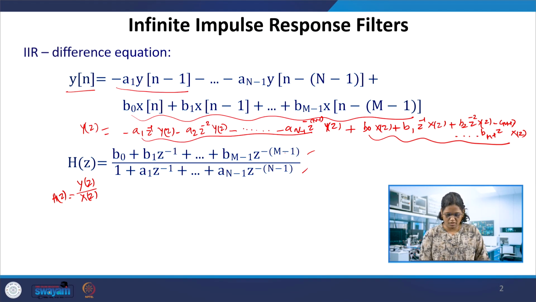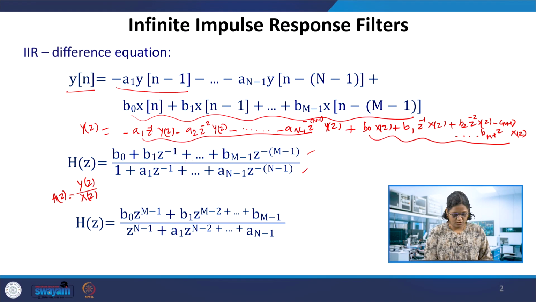The numerator polynomial gives the zeros of the transfer function of the system, the IIR filter, and the denominator gives the poles of the system. So the IIR filter has zeros and poles. Getting these coefficients, or getting this transfer function based on the specification, is the design of the IIR filter.